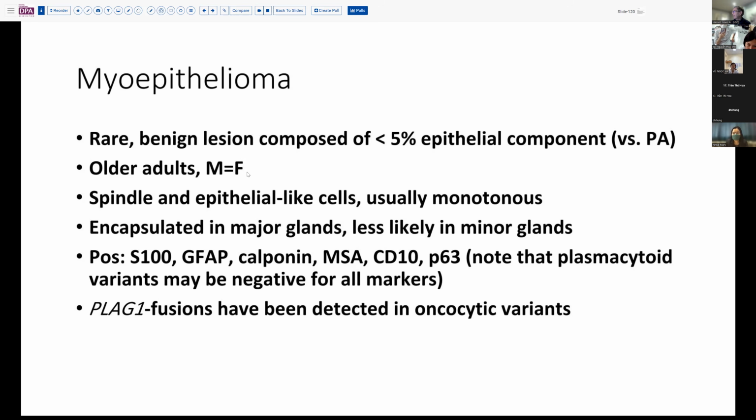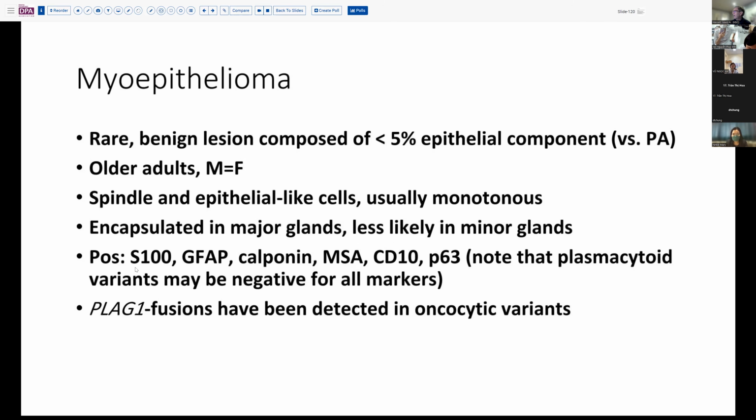These tend to be older, men and women equally affected. And the spindle and epithelial-like cells are usually quite monotonous. In the major salivary glands, parotid, submandibular gland, and so forth, it's encapsulated. But if it happens to occur in the minor salivary gland of the oral mucosa or palate, it may not necessarily be encapsulated.